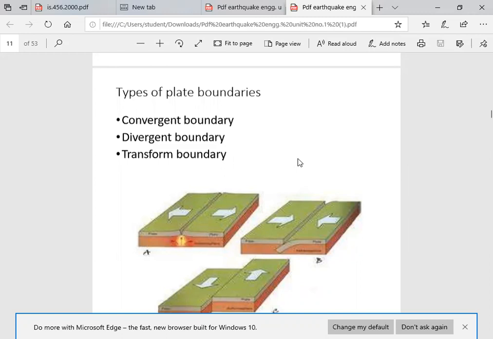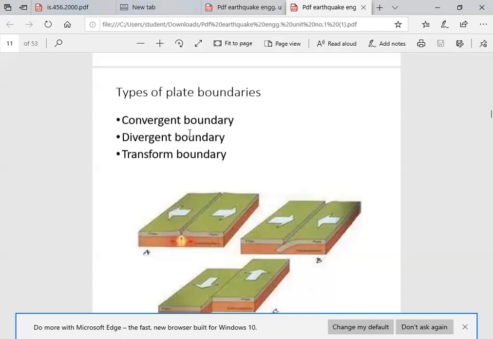So how are these boundaries distributed? On the world there are seven major plates, and the distribution is made with major and minor boundaries.